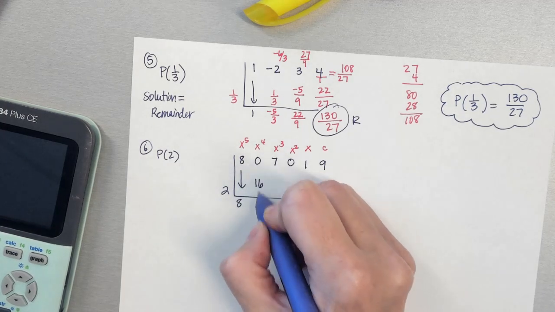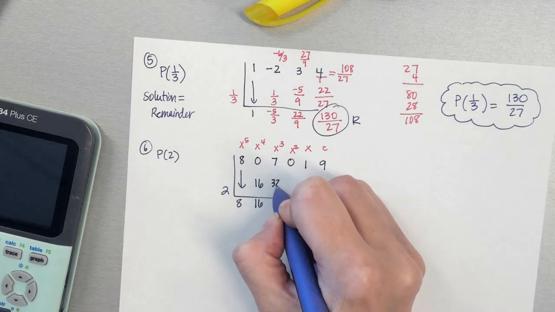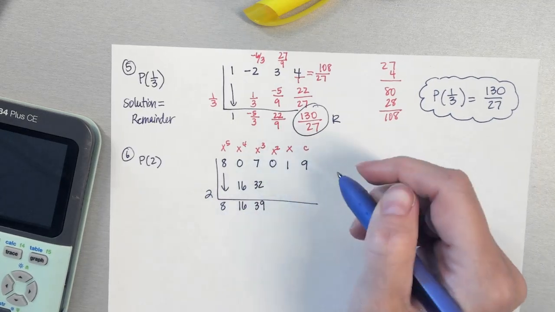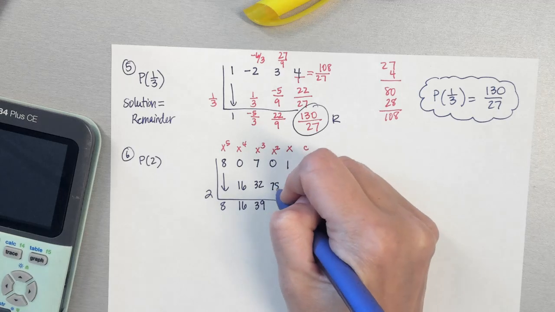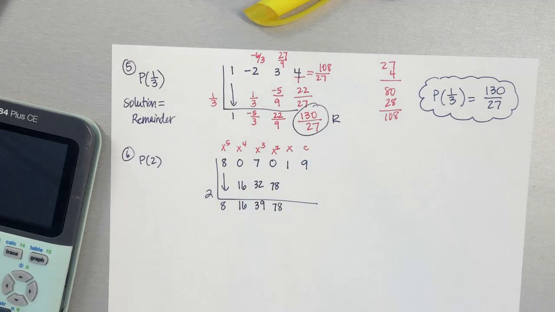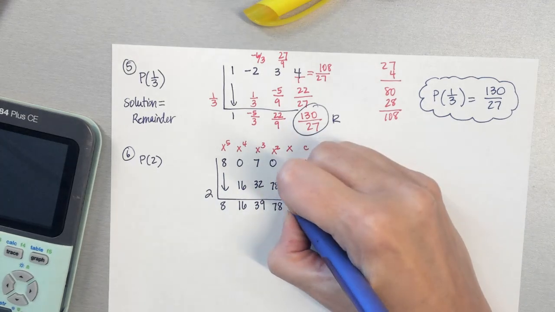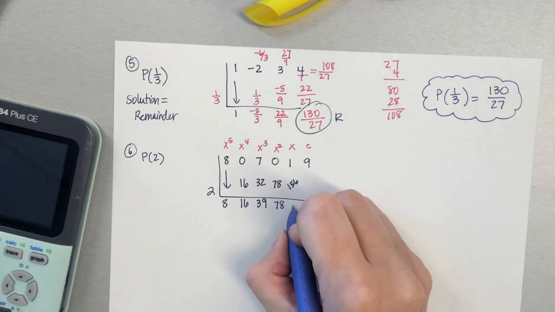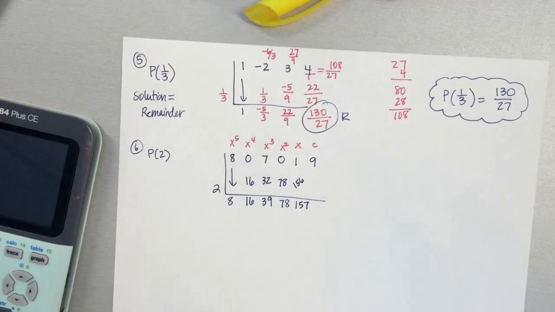Okay, so you have 16, add straight down. 32, add straight down. 39, multiply by 2, 78. 78 multiplied by 2, what did you guys get? 156, and then I started writing it this way because I didn't give myself enough room. And then you have 157.